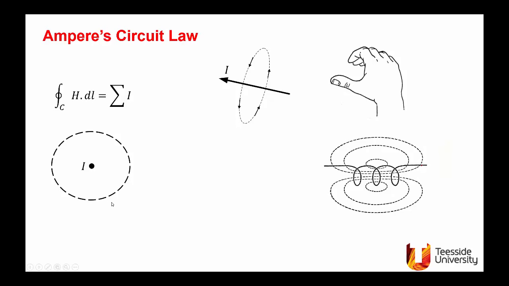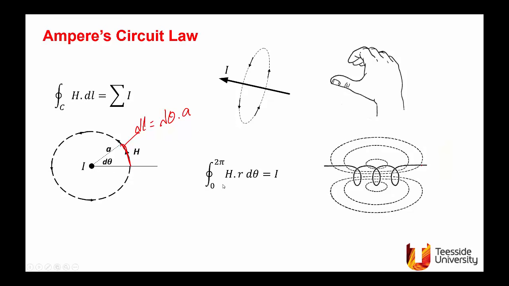We take a point at a distance A away from the current carrying conductor, and a small angle delta theta. The length of this arc, we call it delta L, equals the angle, delta theta, multiplied by the radius, which in this case is A. So to apply Ampere's Circuit Law, we integrate from theta equals 0 to go all the way around.